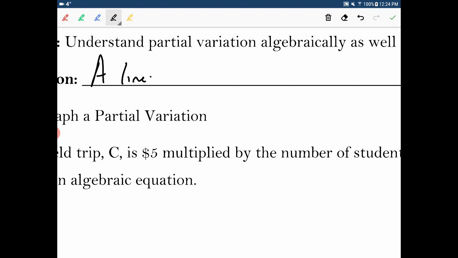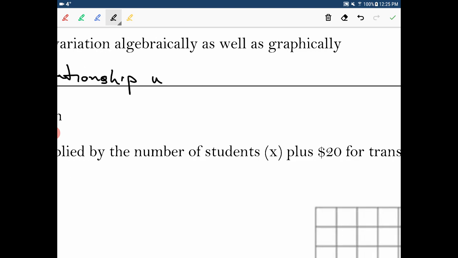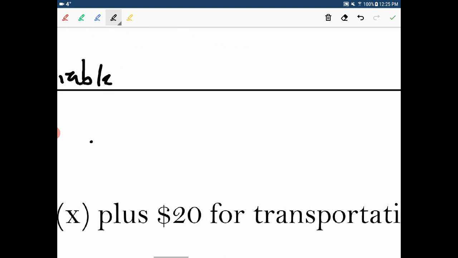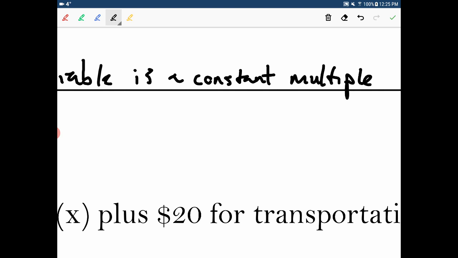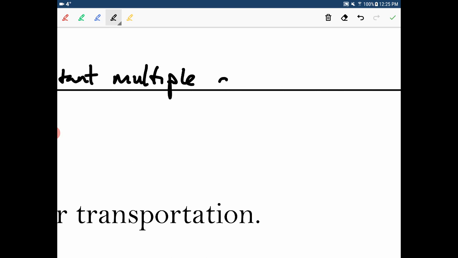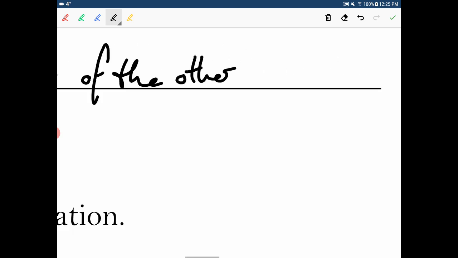So a linear relationship, that's the official scroll sound, where one variable is a constant multiple of the other, plus a constant.